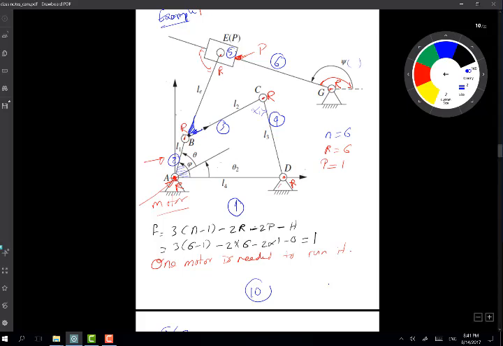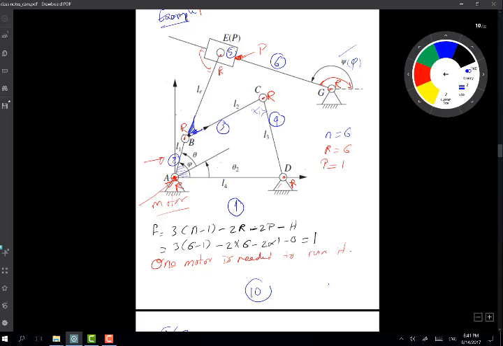I will be able to calculate those values as a function of the single parameter, which is the angle of the link attached to the motor. It can be a complicated equation, but nevertheless, with knowledge of the value of phi, we will be able to calculate the corresponding values of the angle psi.